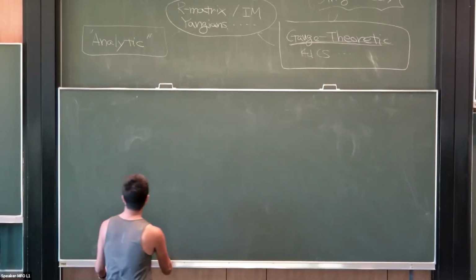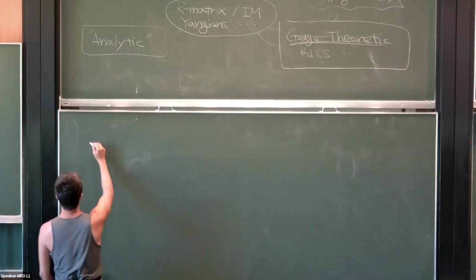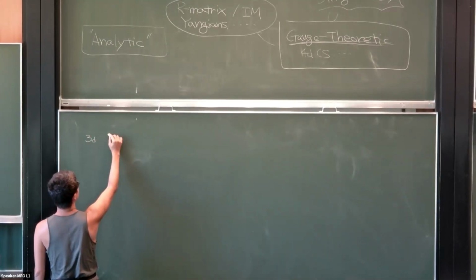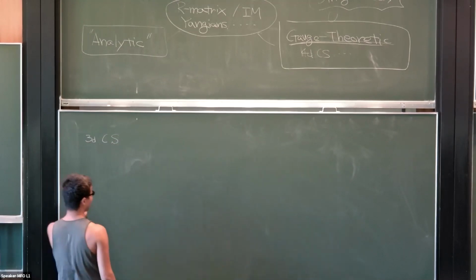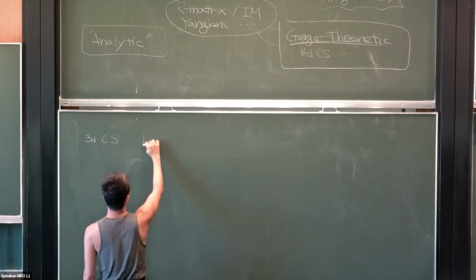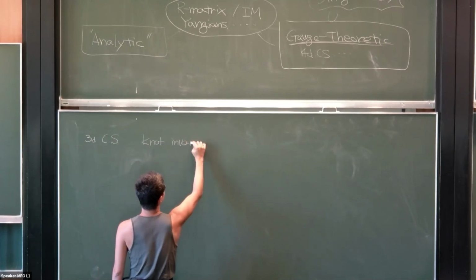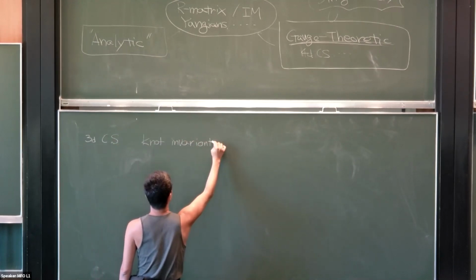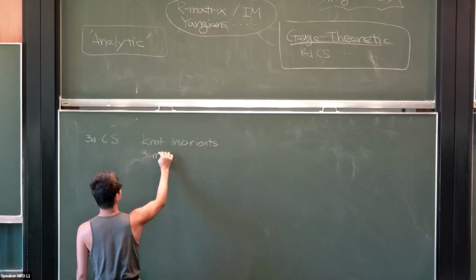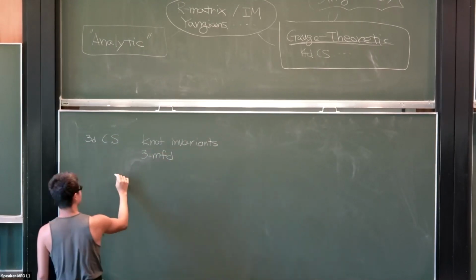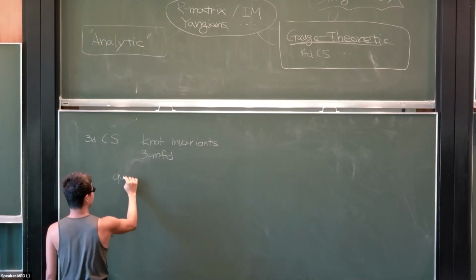And if you start with 3D Chern-Simons, then there was an explanation of the knot invariants and the 3-manifold invariants, and this is done with quantum groups.